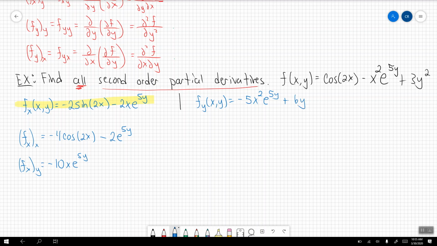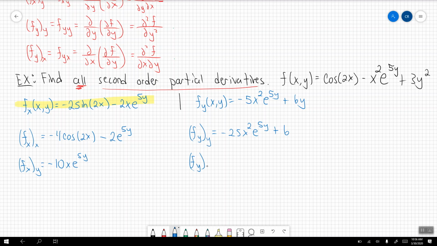Perfect. Now using this, I'm going to take the derivative with respect to x. So let's see, taking this derivative with respect to x, or actually let's do it with respect to y. My apologies. Taking this derivative with respect to y for the first term, I'm only differentiating e to the 5y. That's going to be negative 25x squared e to the 5y plus 6.